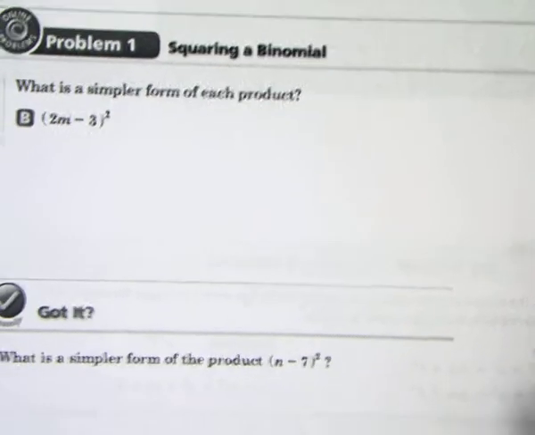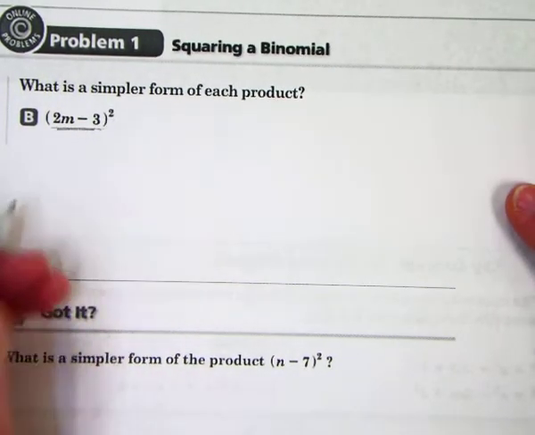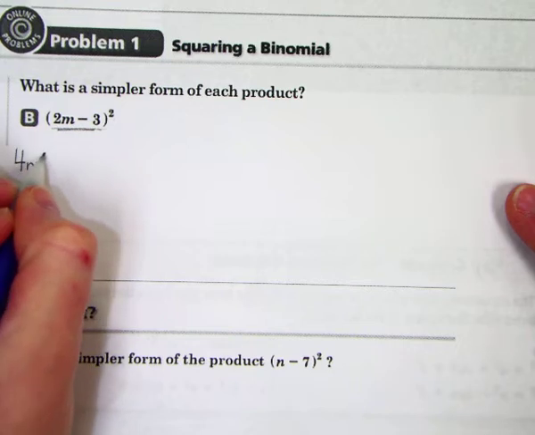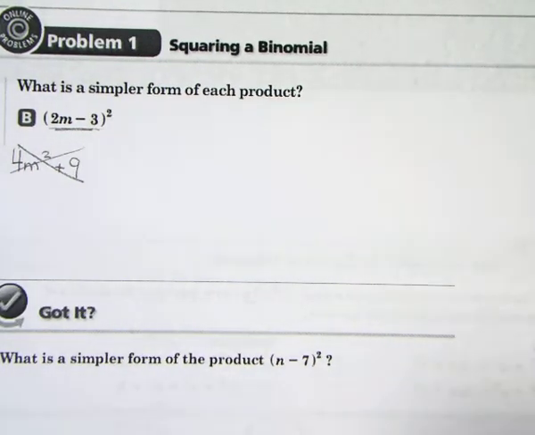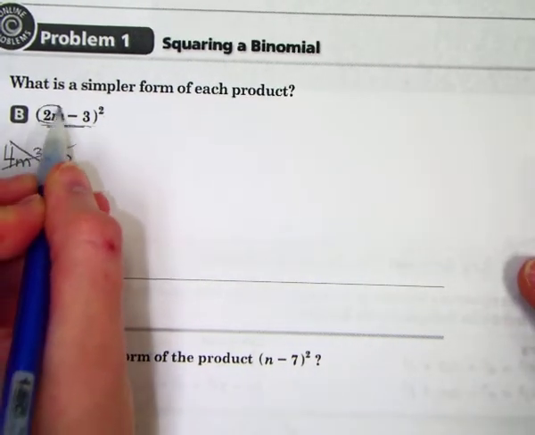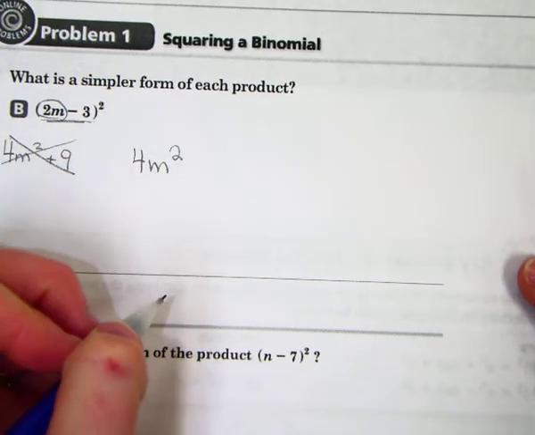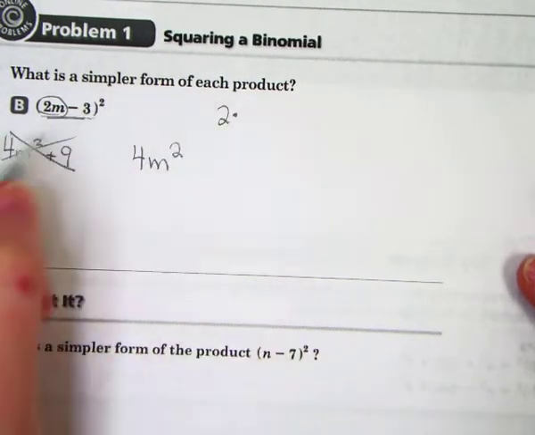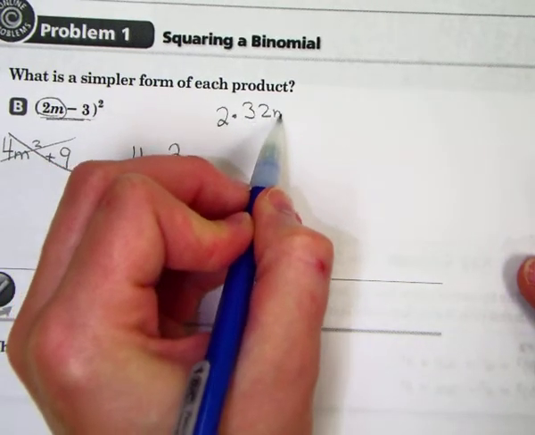Let's try again. Let's just try the shortcut. Okay, look, you've got a binomial squared. No, the answer is not 4m squared plus 9. That would not be squaring your binomial. That would just be squaring each term. All right, let's take the shortcut. The first number is the first thing squared. That would be 4m squared. The middle number is 2 times both of these items. So that's 2 times 3 times 2m.